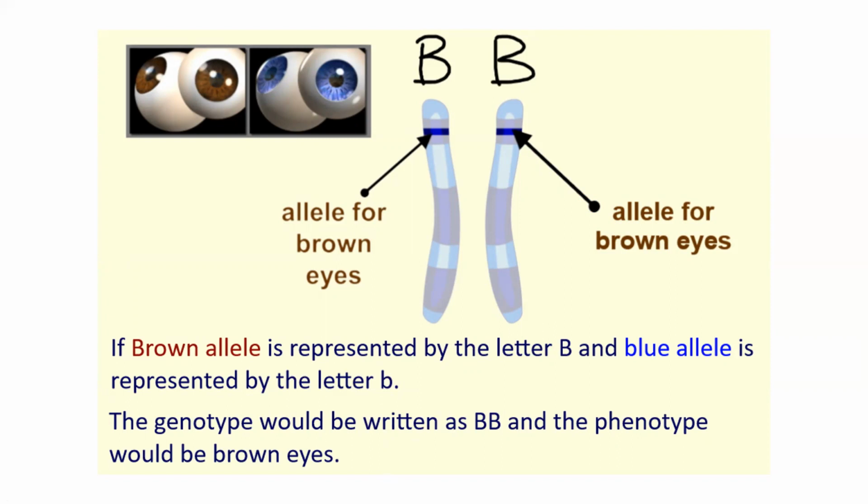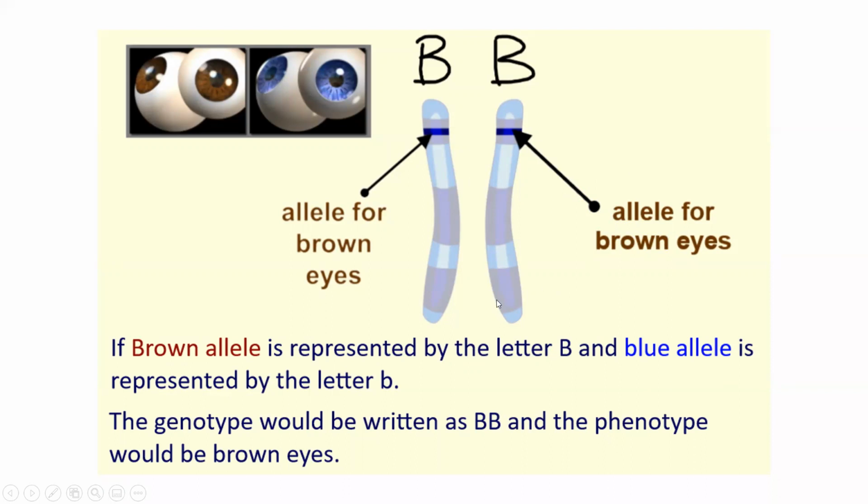We use the capital for the dominant form of the gene, the most common one, the one that will be expressed if the person has that allele. We use lowercase for the recessive form of the gene, or the less common form, and this is the one that will not be expressed if the person has one of each.